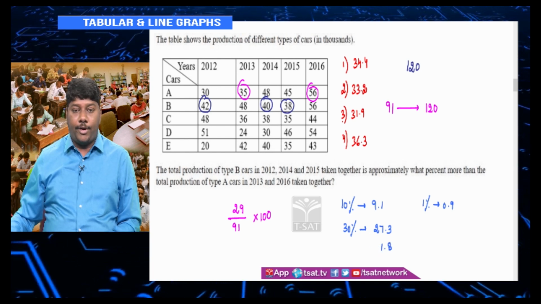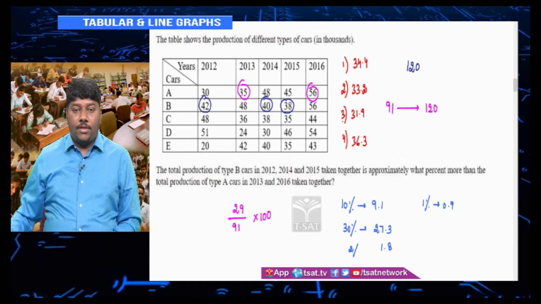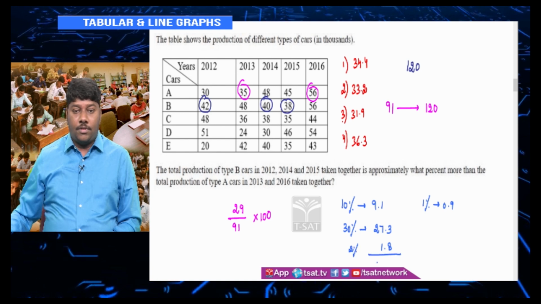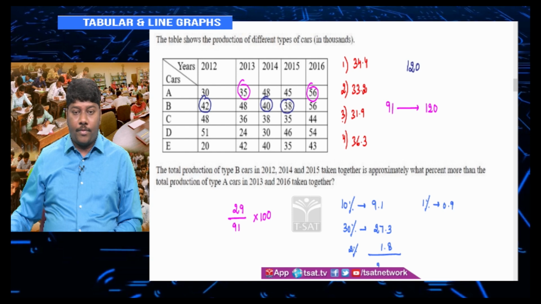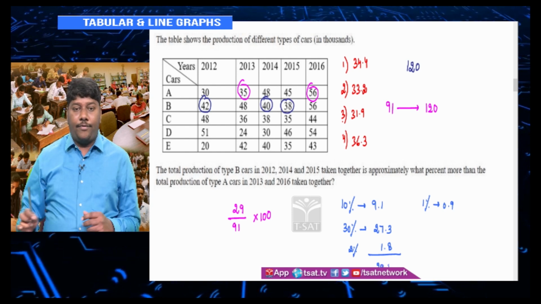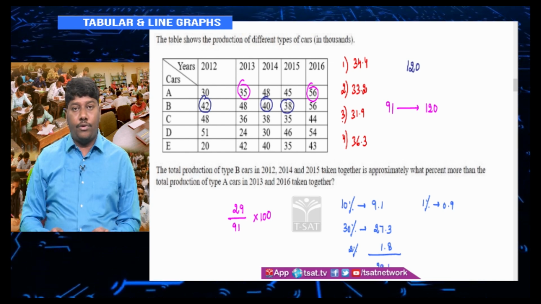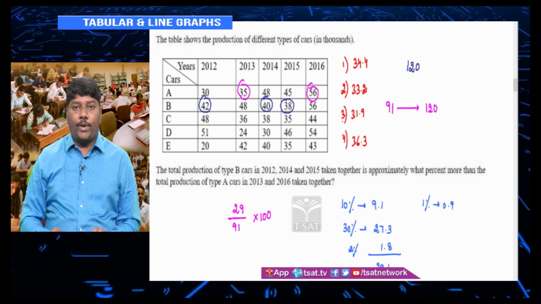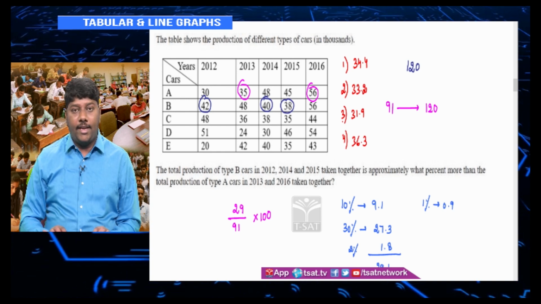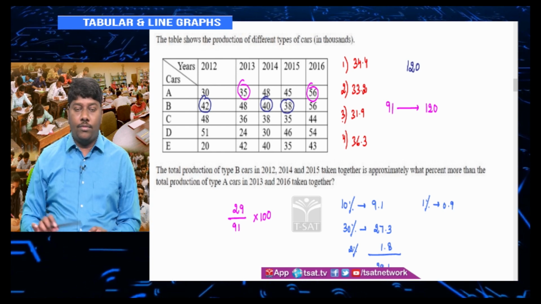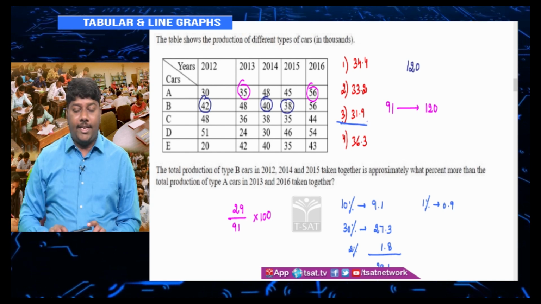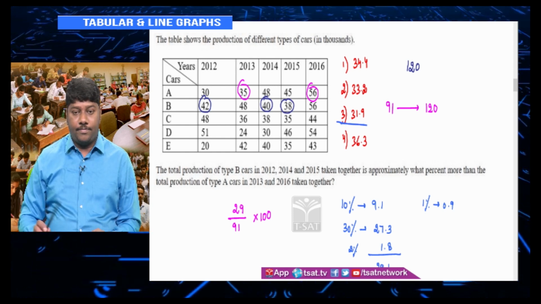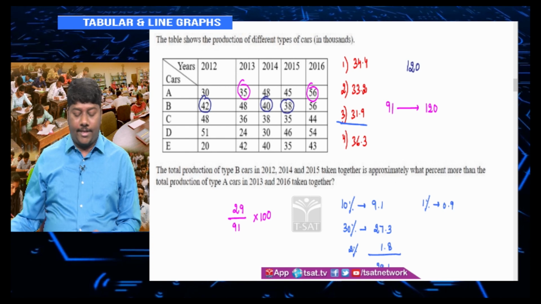If you add 1.8, that is 2%, you are getting how much? 29.1. So therefore, I would say 32% gives you 29.1, but I just need 29. Therefore, it is a little lesser than 32. So the answer is your third option. It is a little lesser than 32%. So by approximation, you can say that.